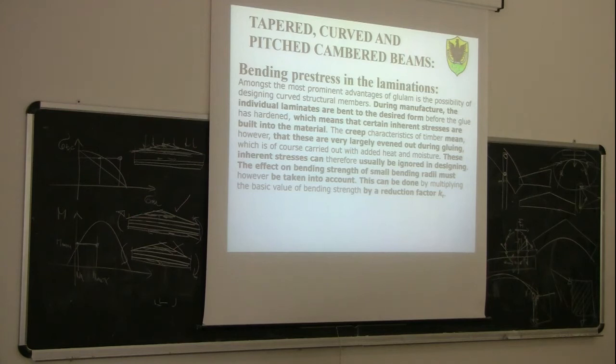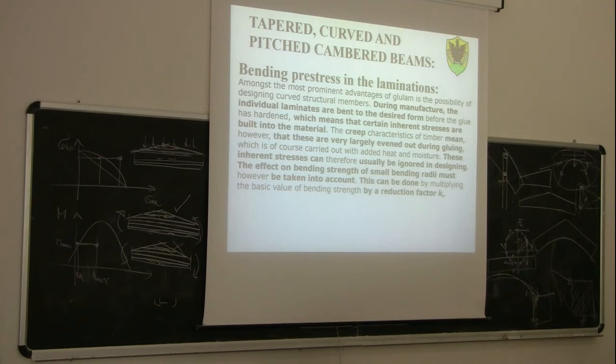However, we have to take them into account, particularly when we use a small radius of curvature, when we bend those laminations to a small radius. Obviously, the lower the radius of curvature, the higher the stresses.